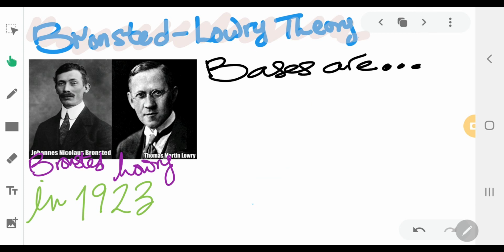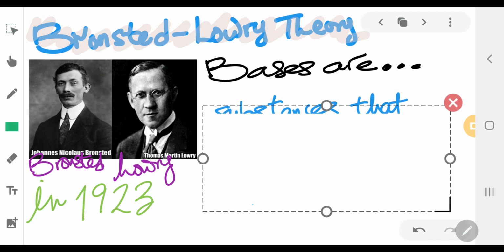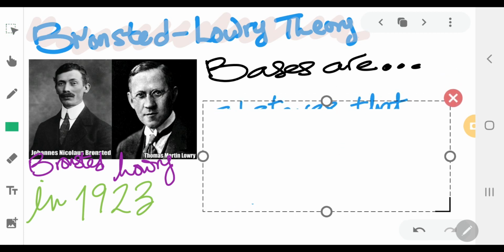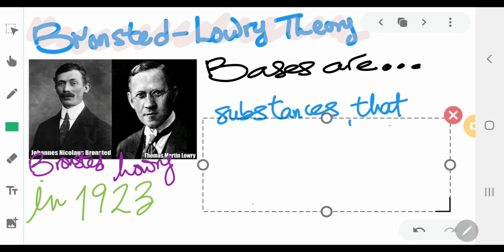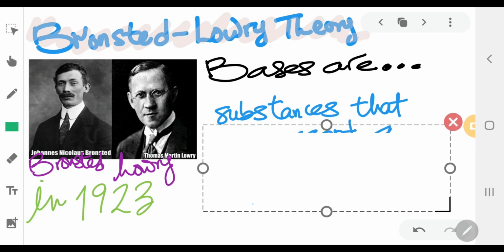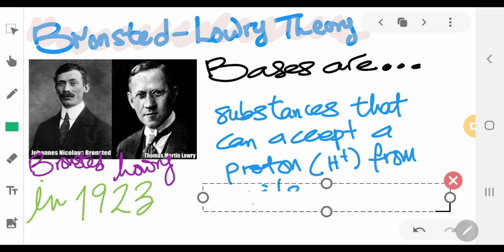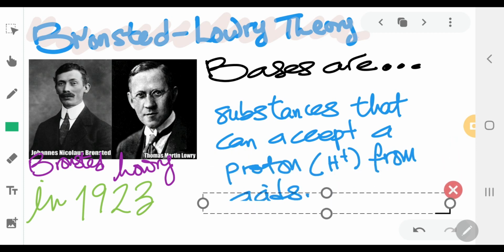So what about bases according to this Bronsted-Lowry theory? I think you can guess already. It's going to be the opposite of what we have in the acids just now. So basically, Bronsted-Lowry theory states that bases are substances that can accept a proton H plus from the acids.